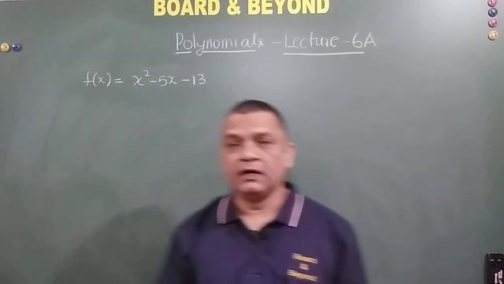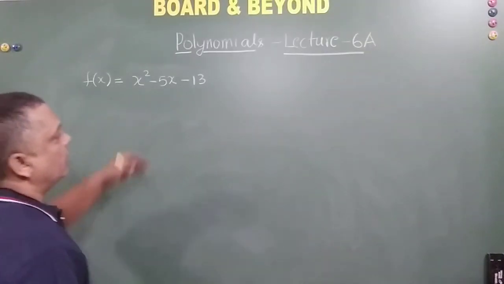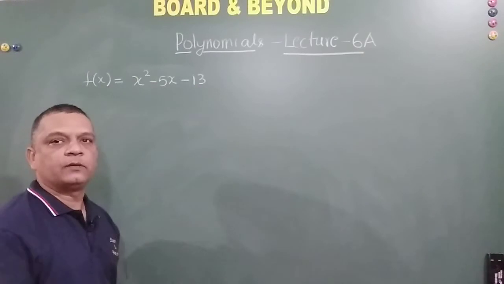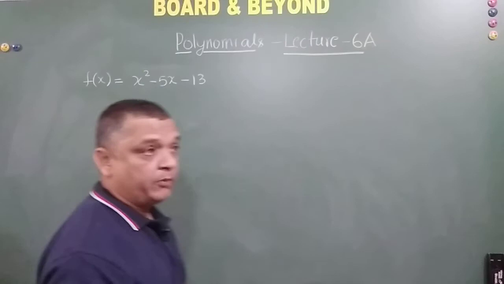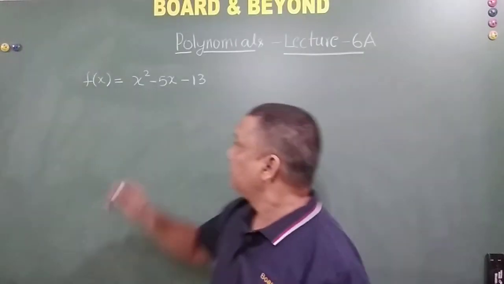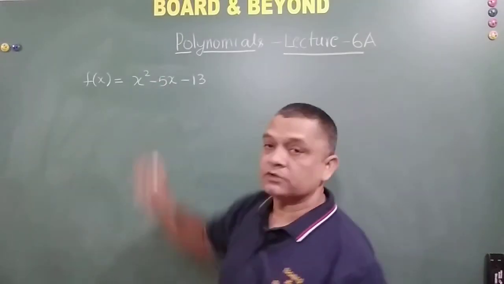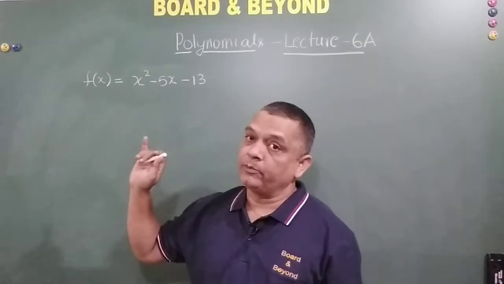So my friends, let's see one thing here. The constant term is minus 13, and 13 is a prime number. The coefficient of x, minus 5, is again a prime number.